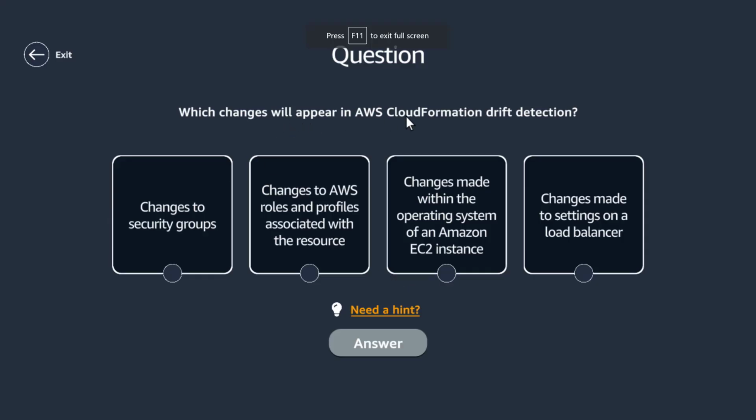Which changes will appear in CloudFormation drift detection? Okay, this appeared within the operating system. I don't think so. Yeah, even this one happened, right? But they are not telling us to select multiple items. I don't know.